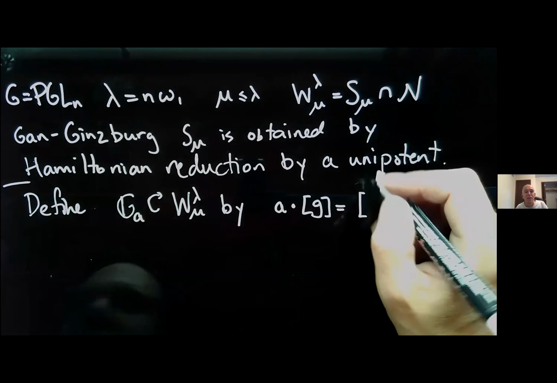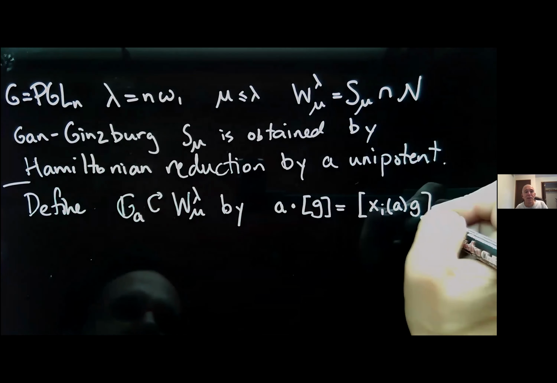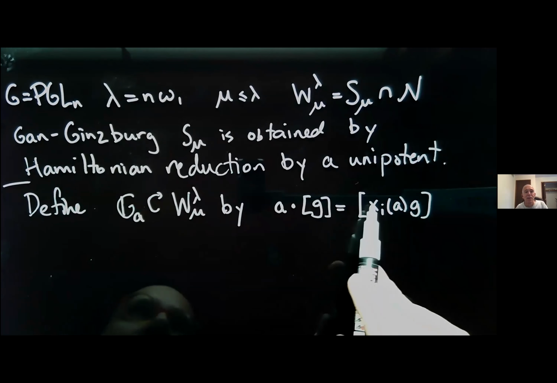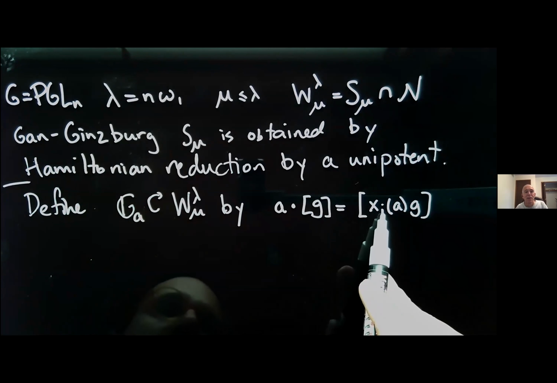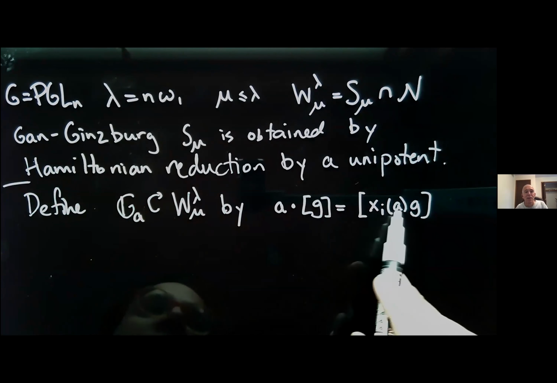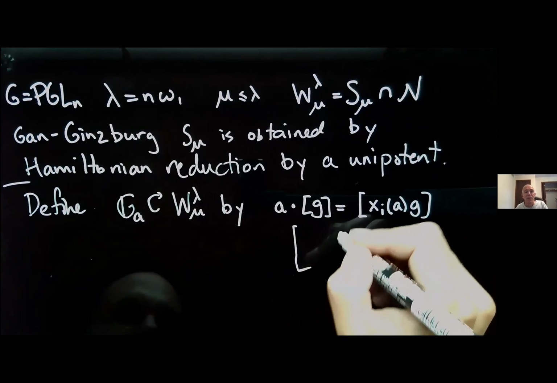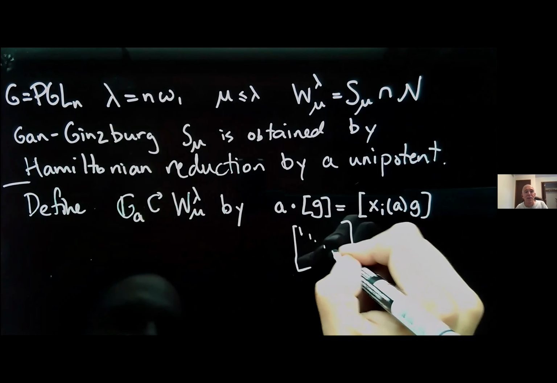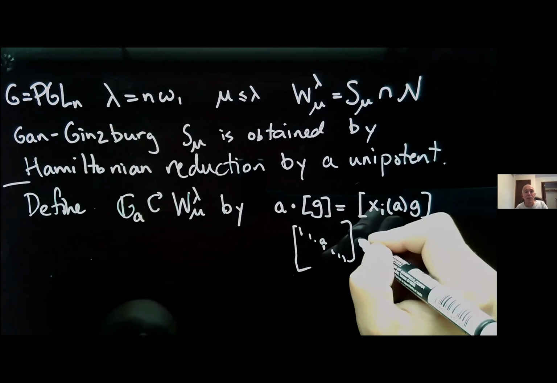And we get the result of left multiplication by xi_i(a) on g. So here, xi_i(a) denotes the ith root subgroup, or the alpha_i root subgroup. For GL_N or for SL_N, it looks like that matrix.